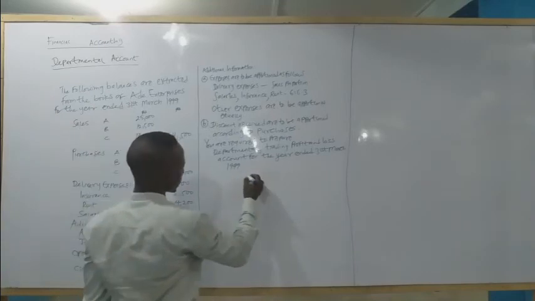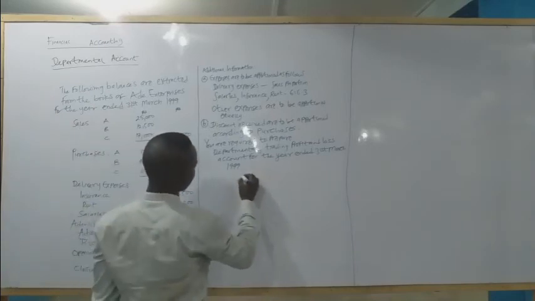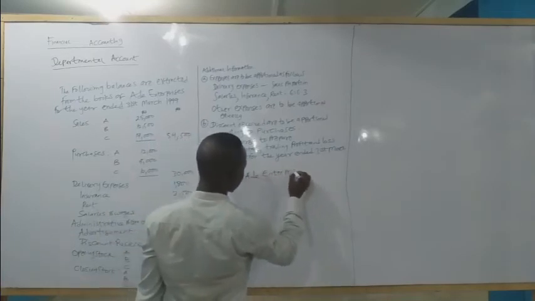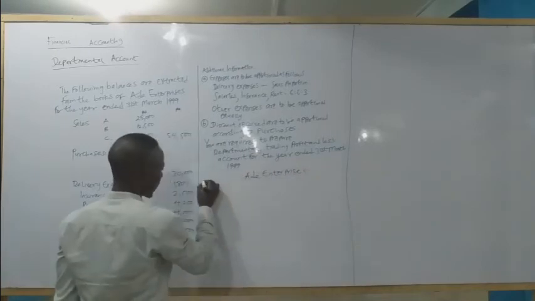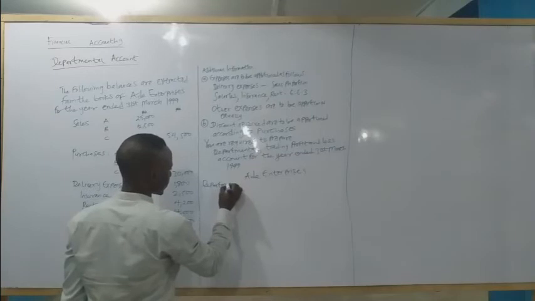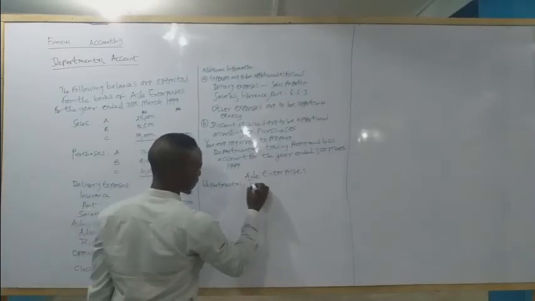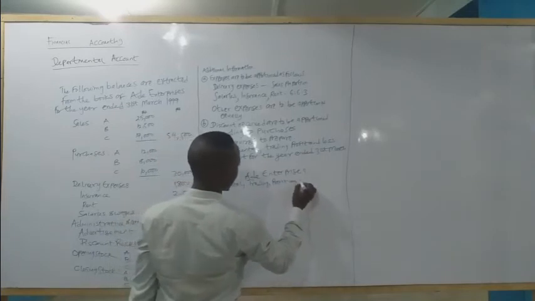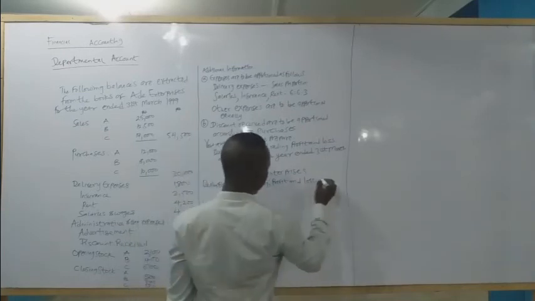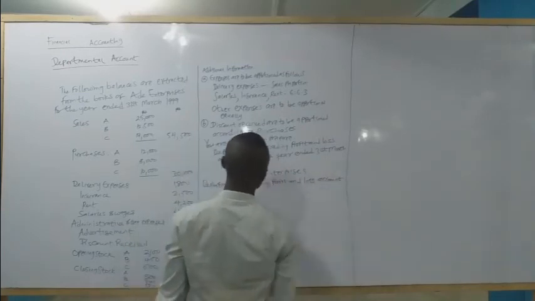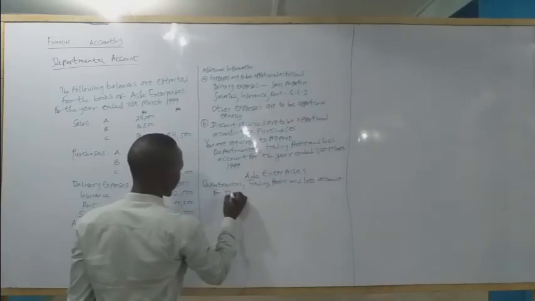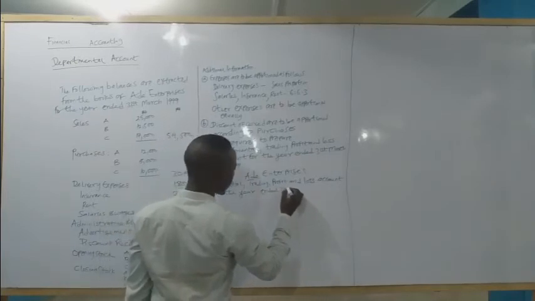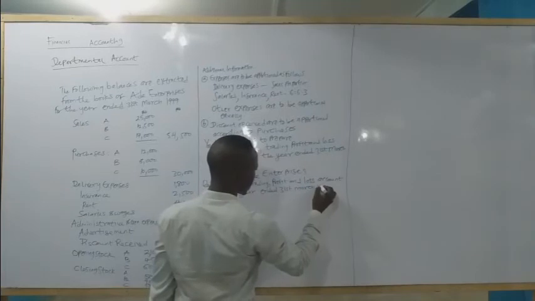So let us draw our account. Idehen Enterprises, departmental trading profit and loss account for the year ended 31st of March 1999.